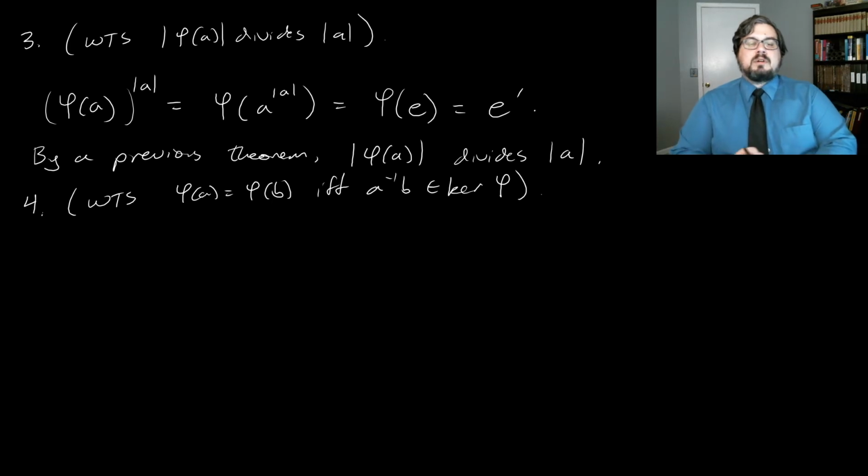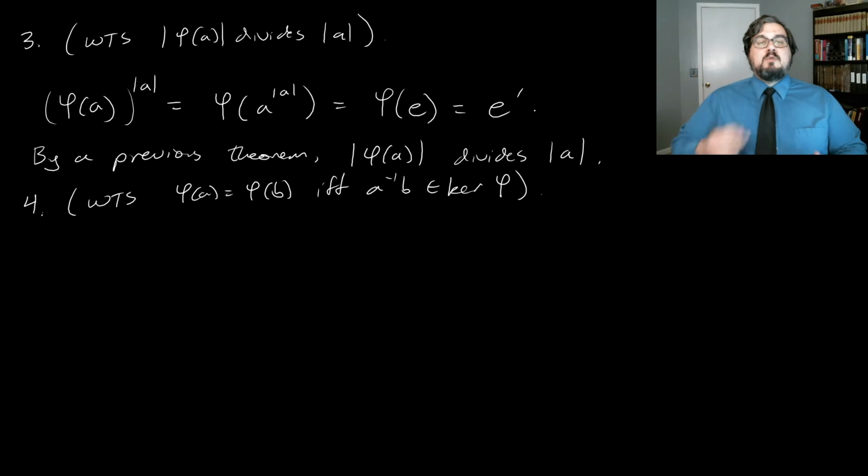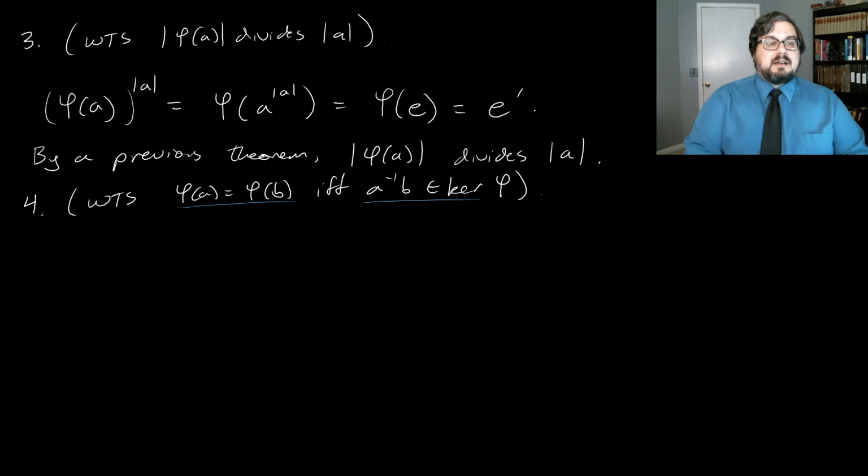In this case, we're going to do the if and only if all in one step, where rather than going in one direction and the other, we're going to connect up a sequence of statements, starting with the first one, phi of A equals phi of B, and ending with the last one, but all the statements are going to be connected with if and only ifs rather than an implication going in one direction.